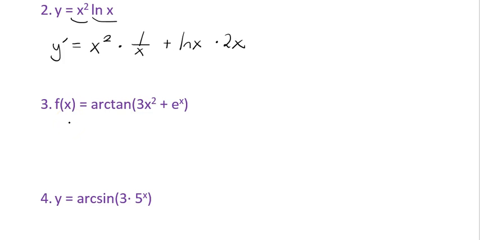Okay, for our third example, we're going to start to use that arctangent rule, and that arctangent is the outside focusing thing here. This inside is where the x will be in the arctangent rule, and we'll just put it in, and then we will multiply by the derivative of what's in here.